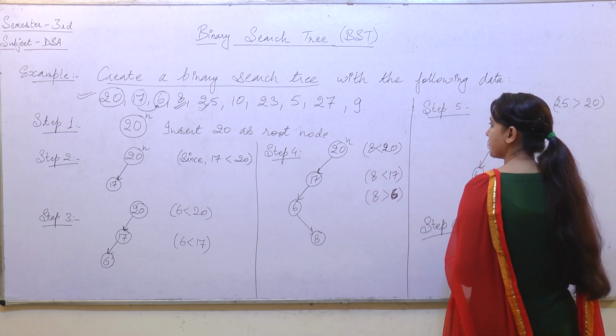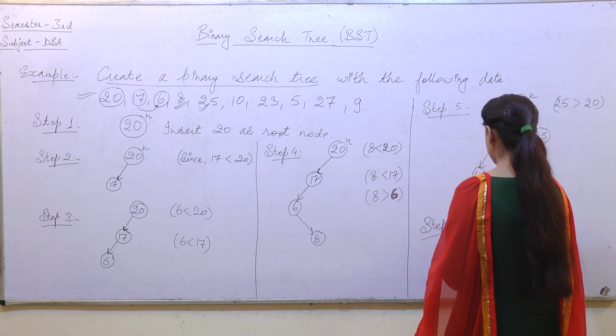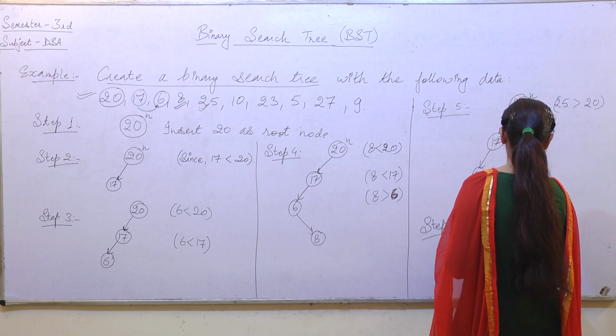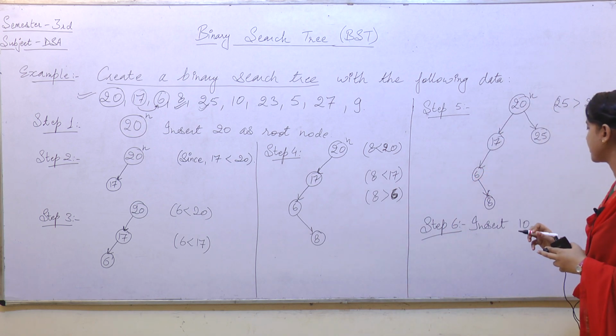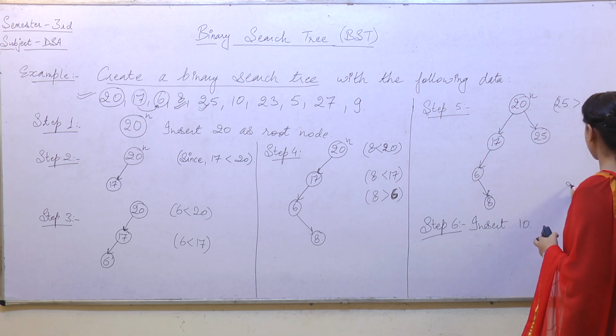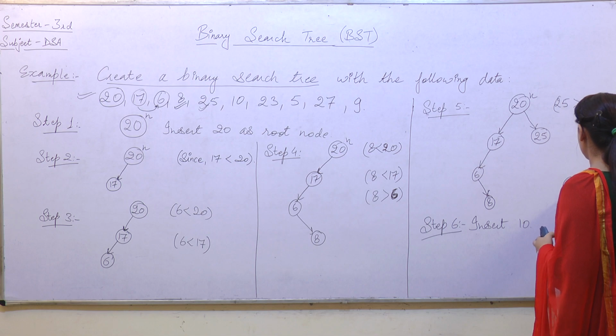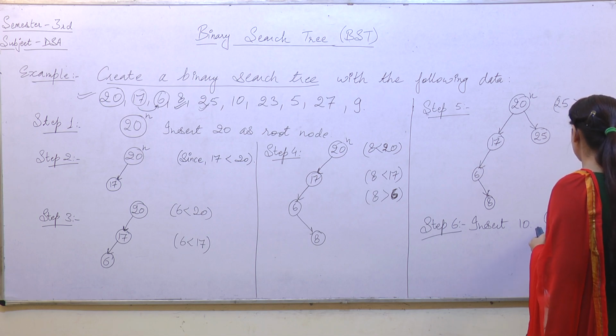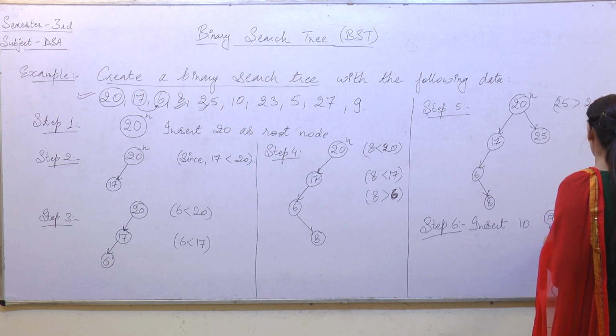In the next step, we have a data element 10. Now for inserting 10, what we will do, we will again compare 10 with all the data elements which we have already inserted in our binary search tree.